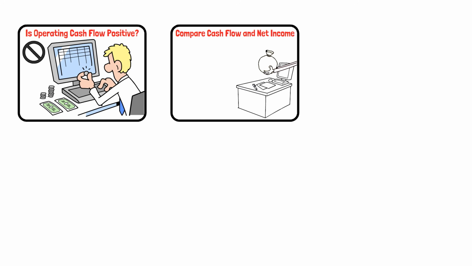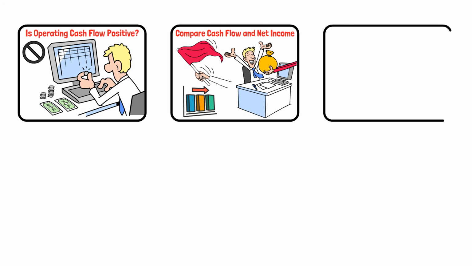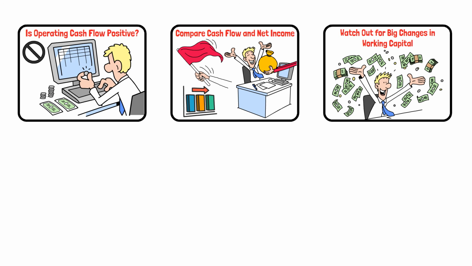If a company is profitable but has negative operating cash flow, that's a huge red flag. Look for consistent patterns, not just one-time events. 3. Watch out for big changes in working capital. Large changes in receivables or inventory can hide cash issues.